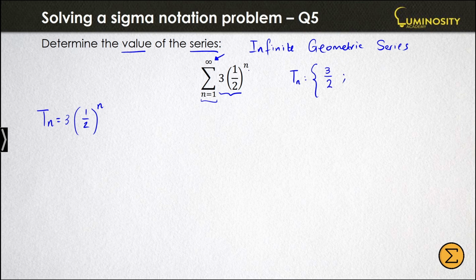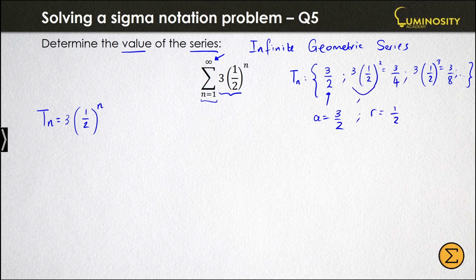T2, when n equals 2, is going to be 3 times a half squared, which is 3 over 4. Next term, when n equals 3, it's going to be 3 times a half cubed, which is 3 over 8, and so on. So our first term a is 3 over 2, and our common ratio seems to be that we are multiplying by a half to get to the next term each time.